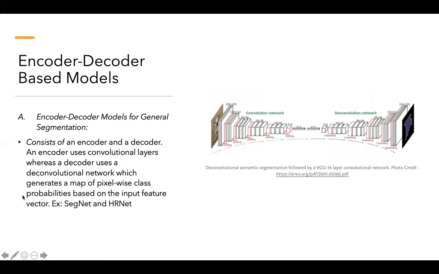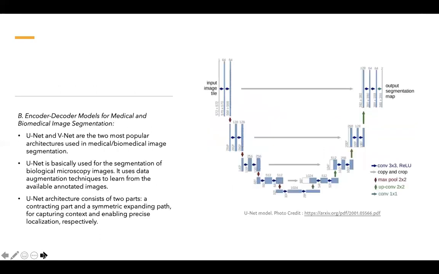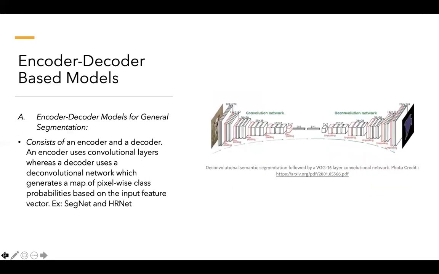Then comes the encoder-decoder based models. They can be divided into two main categories: encoder-decoder models for general segmentation and encoder-decoder models for medical and biomedical image segmentation. First I'll be talking about the general segmentation models. They consist of an encoder and a decoder.